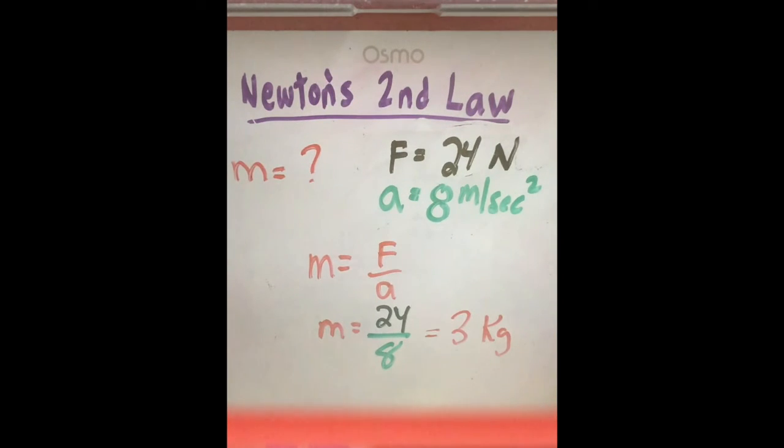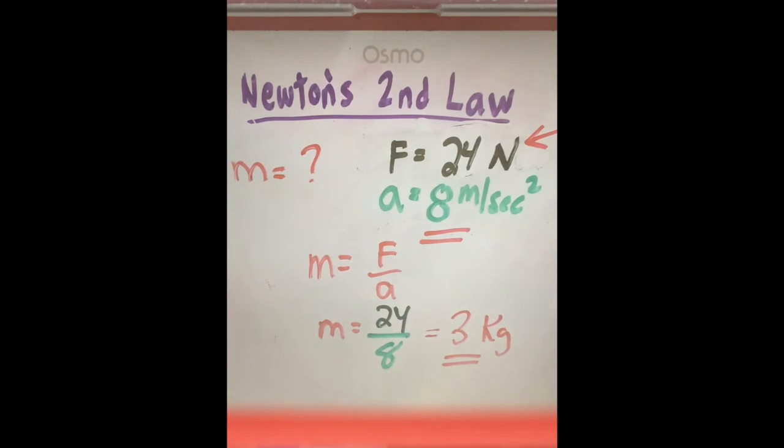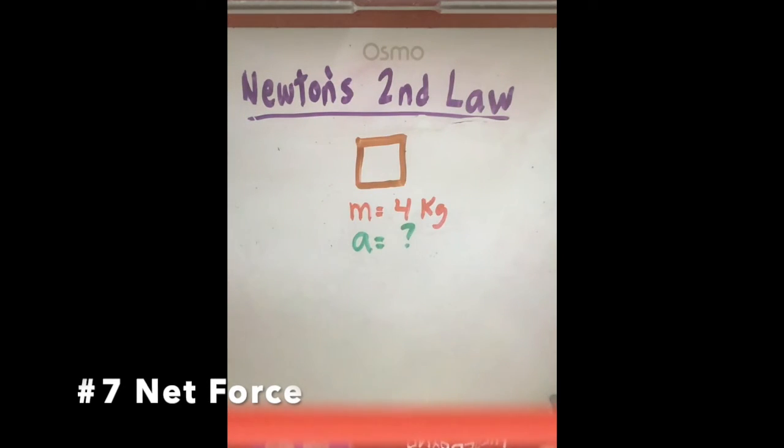Now this makes sense when compared to the previous problem, where the force of 24 newtons resulted in acceleration of 4 meters per second squared. A smaller mass would have a larger acceleration when applied the same 24 newton force. Just remember, the force is the net force acting on the object.